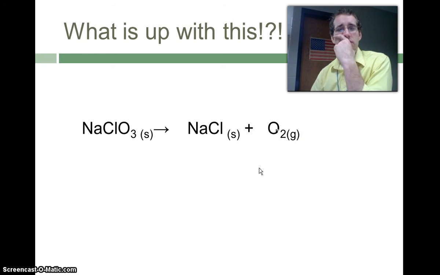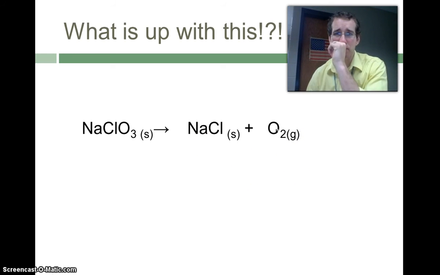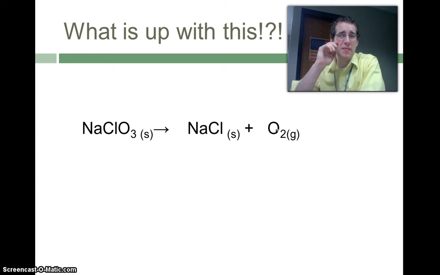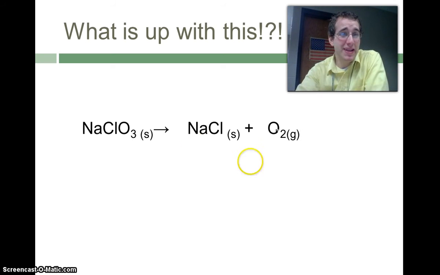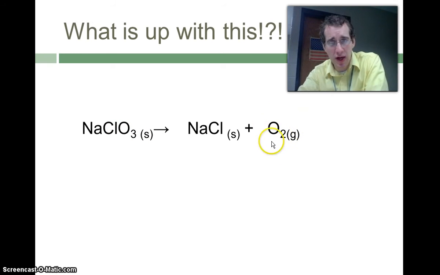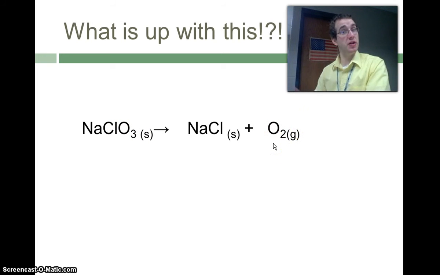Now, wait a minute. There's a problem. It must be magic or something, because if you look at the beginning, we're starting with 3 oxygen, but we're ending with 2 oxygen. Aha! Must mean we are magicians, and we made oxygen disappear from existence.